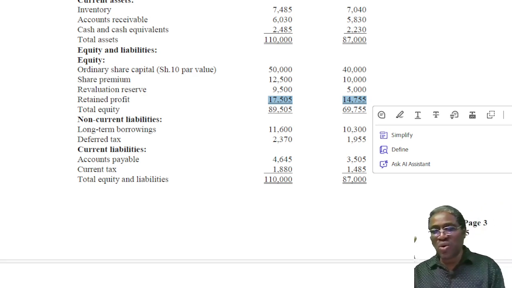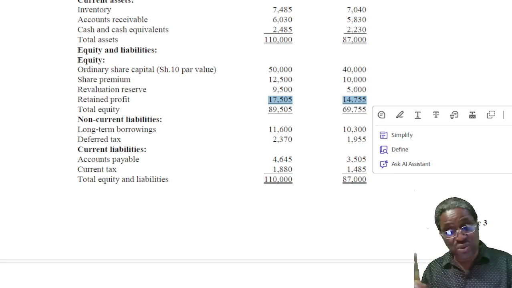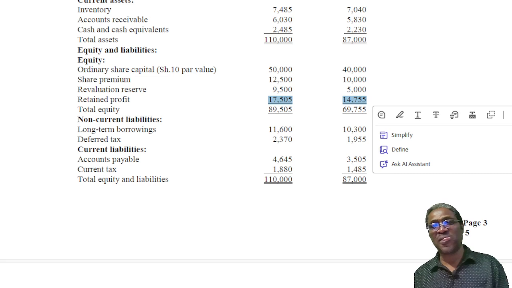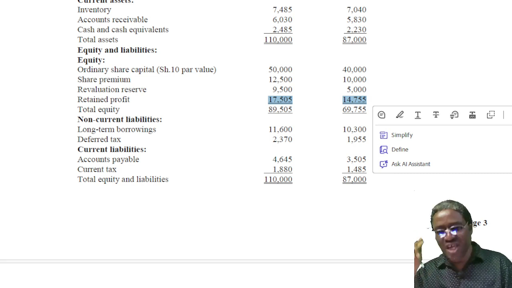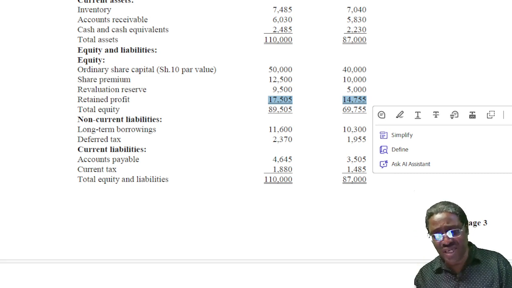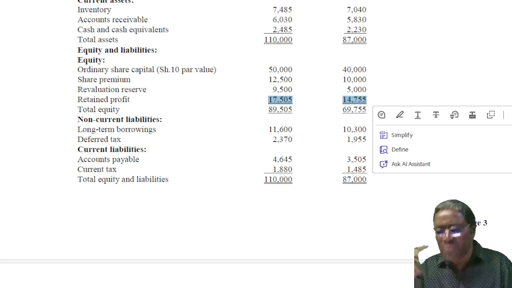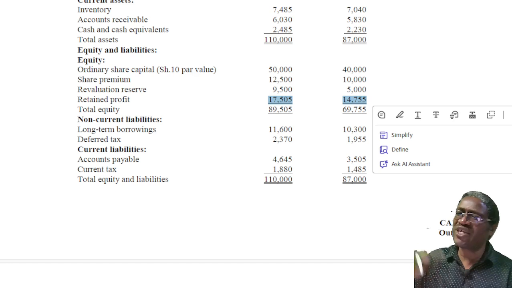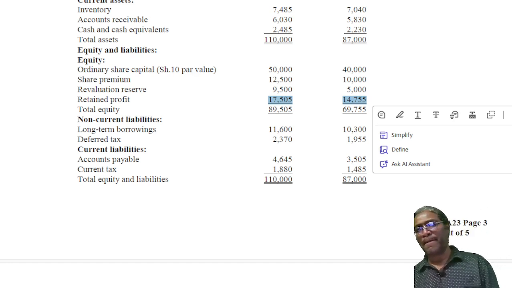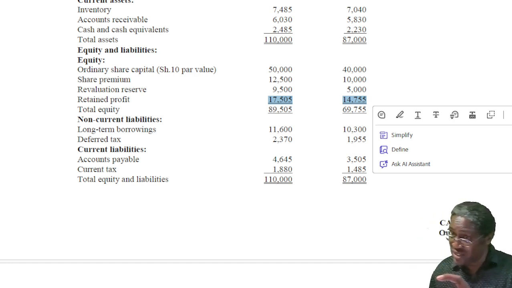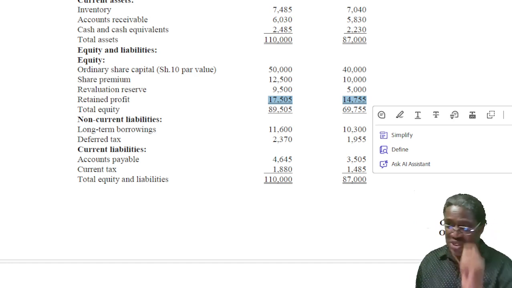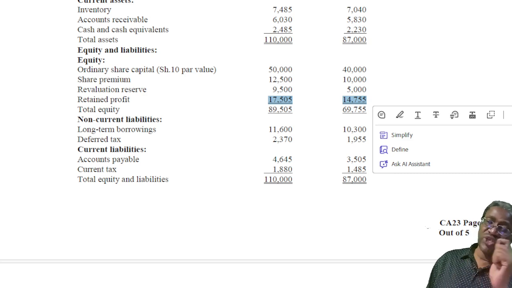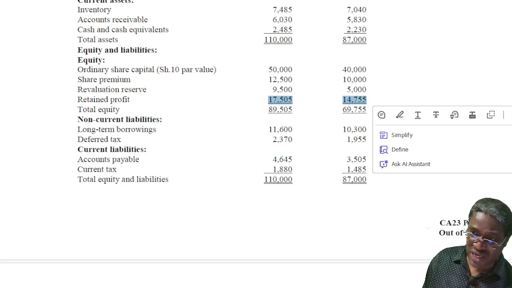If we will be required, I don't know, we shall check the question properly. If we will be required to analyze this account called retained earnings, for what purpose would we be analyzing it? To help us to get what? So that, listen, if that which we are trying to get is given, then we shall not need to analyze the account called retained earnings.